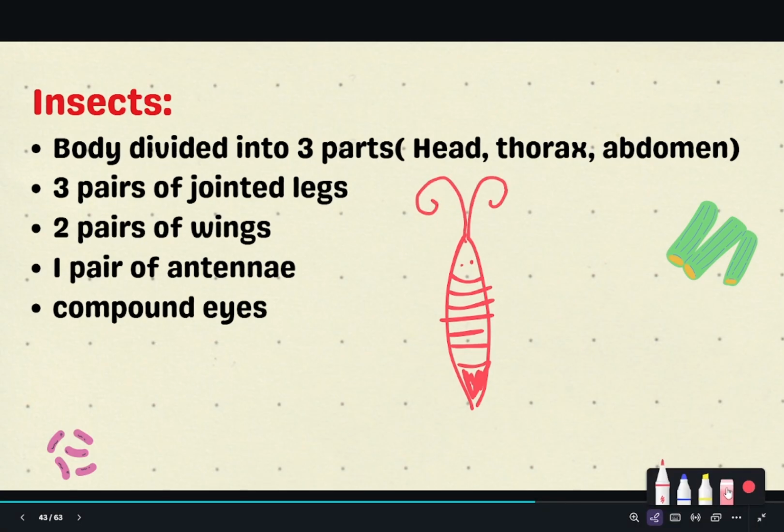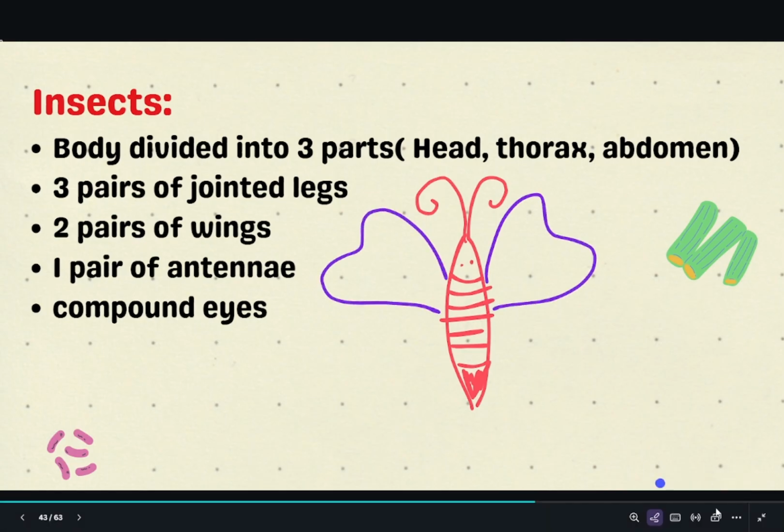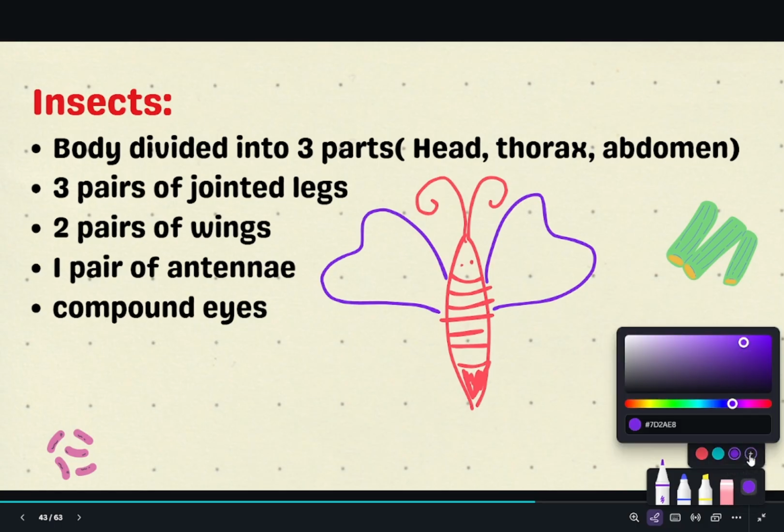All right, let me change the color. And then we have two pairs of wings. So this is the first pair. And then I'm going to switch the color.